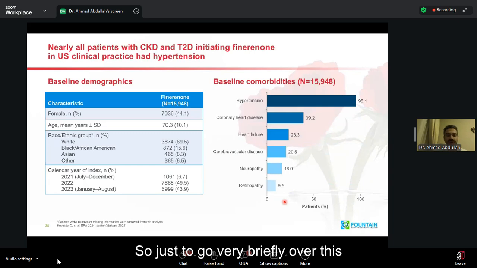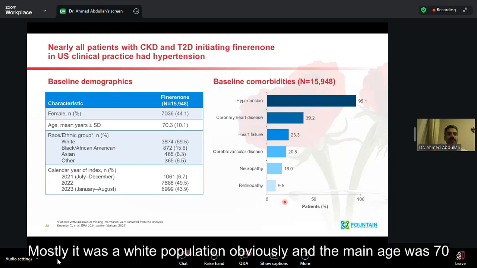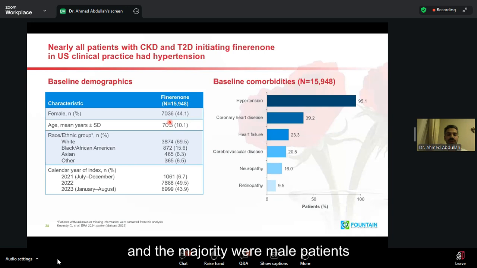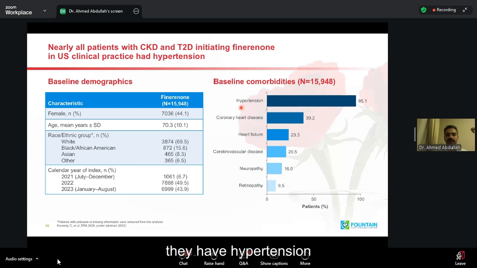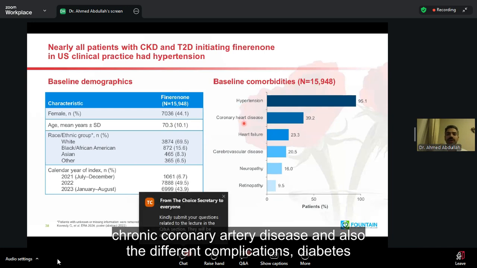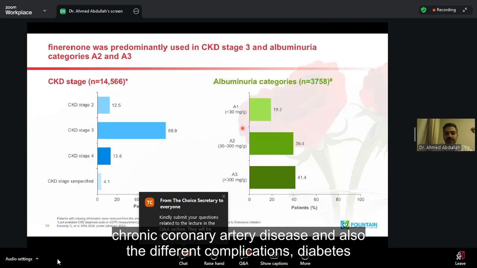So just to go very briefly over this, mostly it was a white population, obviously, and the mean age was 70, and the majority were male patients. Now, these are patients who have the CKM disease model. So they have type 2 diabetes, they have hypertension, chronic coronary artery disease, and also the different complications of diabetes.